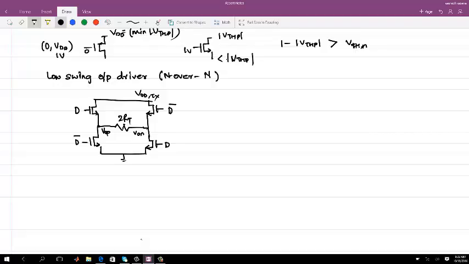So here we again have to, let's say the size of this, I am calling W up by L, and this is W down by L. We need to choose W up and W down such that the looking-in impedance should be equal to RT, looking up and looking down, both cases.